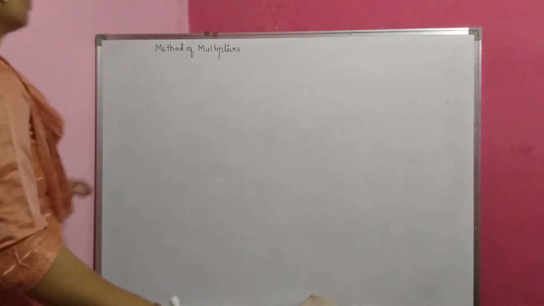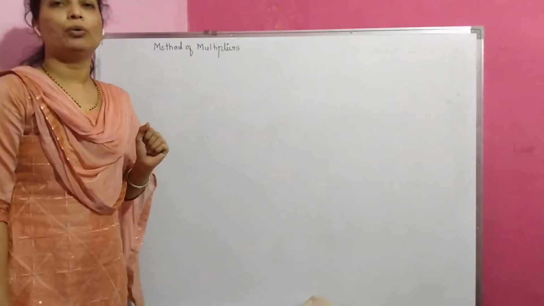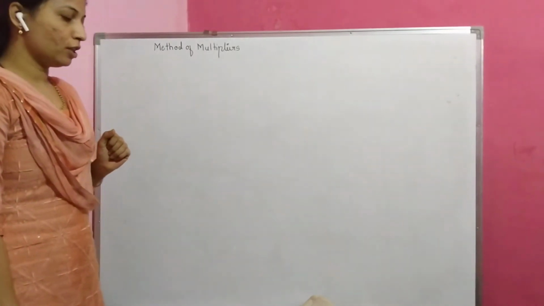The next type is the method of multipliers. By using the method of multipliers, we have to solve the simultaneous differential equation.